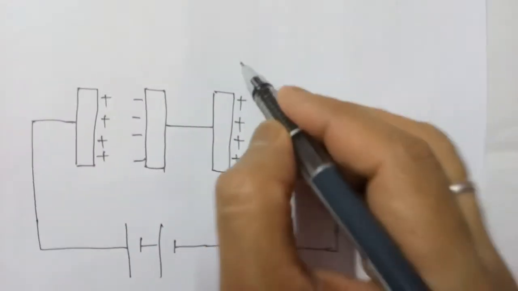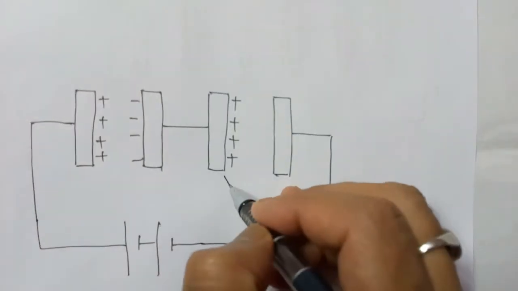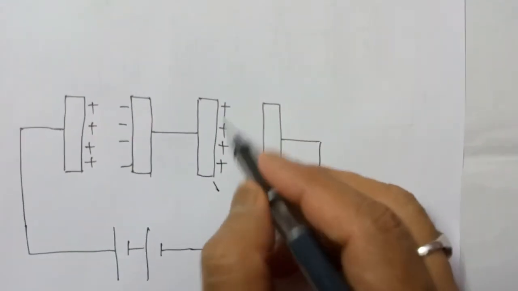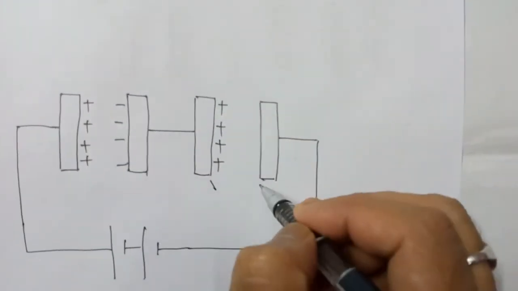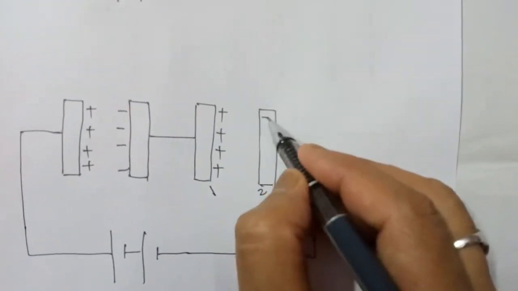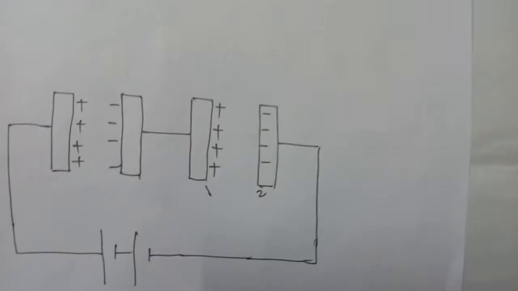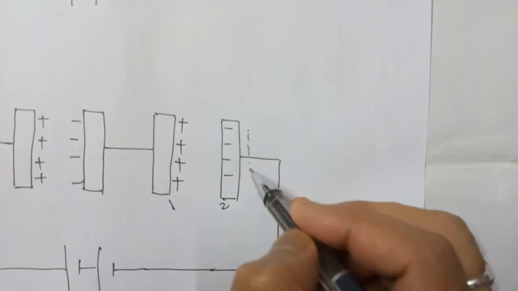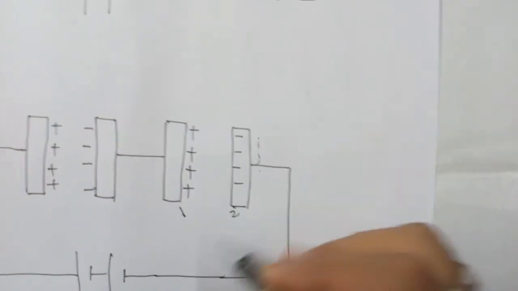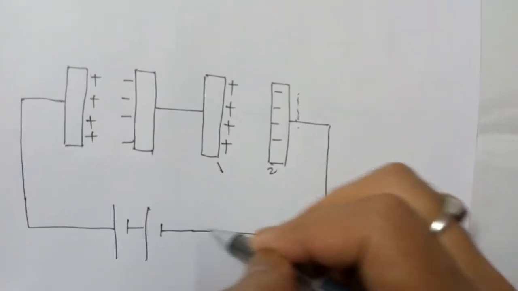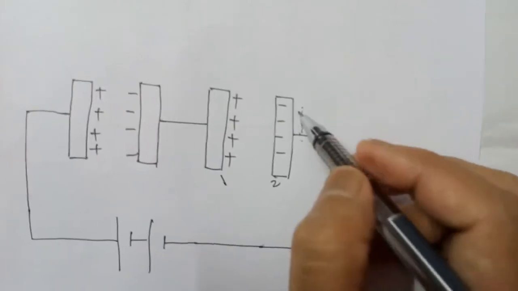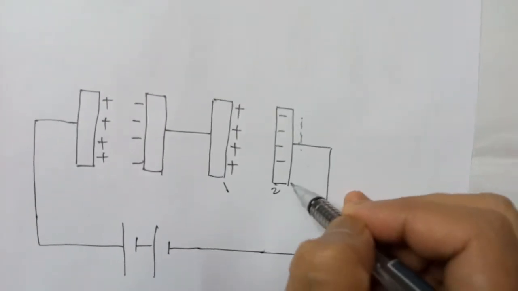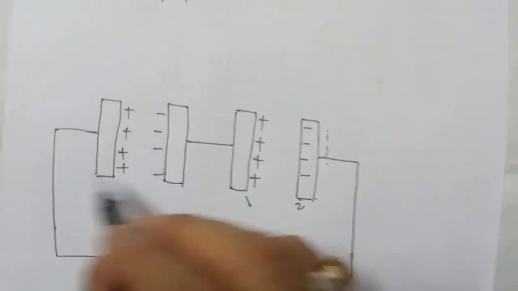So first plate of second capacitor becomes positive, and due to its positive charge, second plate of second capacitor, this surface becomes negative, and positive charge which appears in this surface is neutralized by the electrons which come from the negative terminal of battery. So in this way, this plate becomes negative, this positive, this negative, this positive.